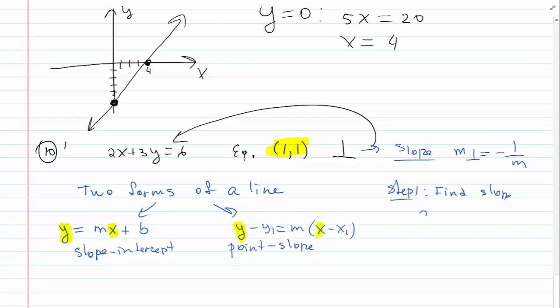And that can be a question by itself. How are you going to find the slope of a line like this if it's given in that form? Yes, you put it in mx plus b form because that's where the slope will be, right in front of the x. So we're going to take the 2x and move it over, and then divide by 3.